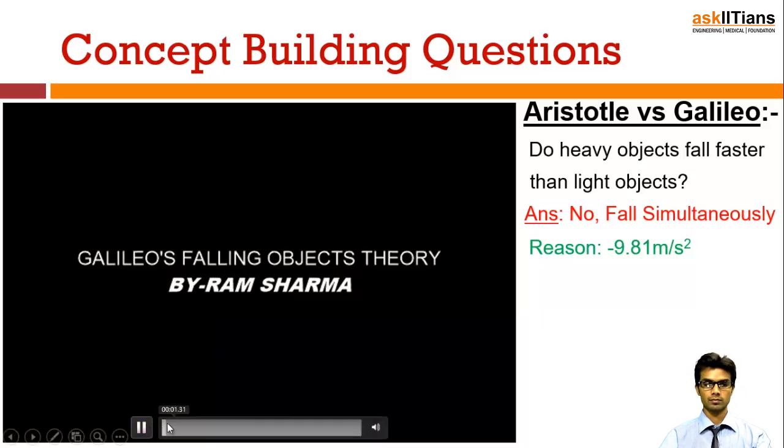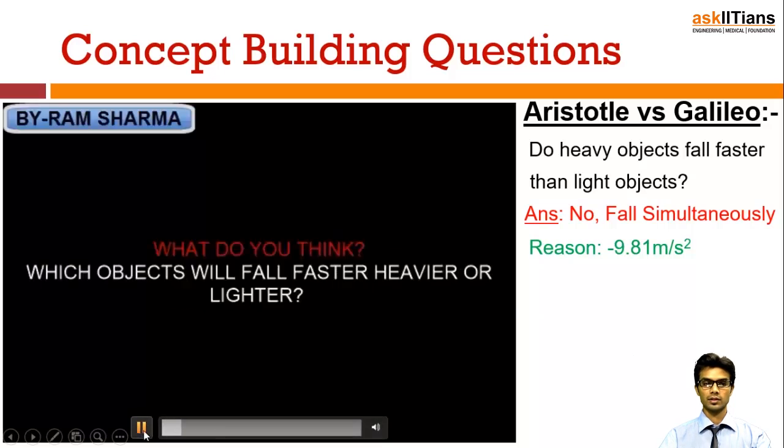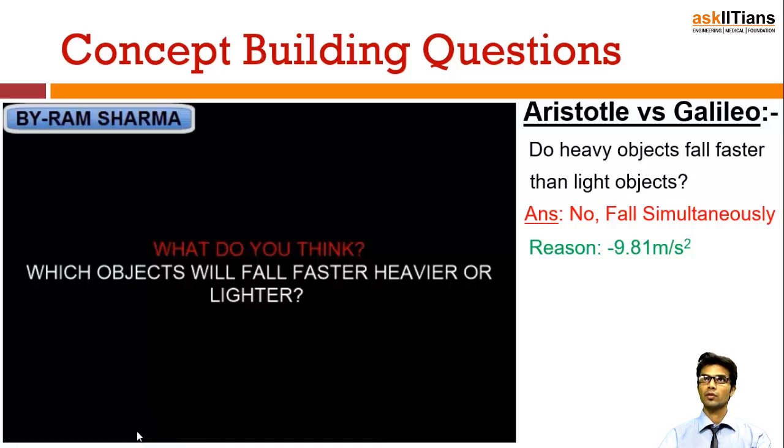What do you think? Which object will fall faster, heavier or lighter? Have you wondered, have you focused, when two objects, a light and a heavy object, are in free fall, dropped from the same height, which will come down faster, or will they reach the earth at the same time?